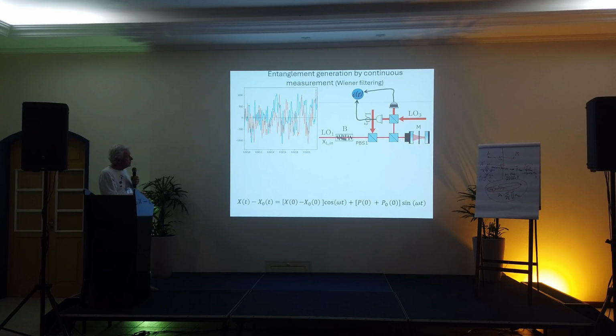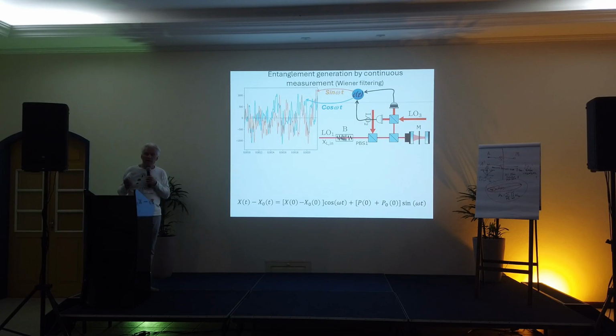So we take this photocurrent and we separate the sine omega t and cosine omega t. We can do it radio electronically. And again, if you remember my story about atomic systems, then you may remember that in the rotating frame for the spins, sine omega t would give you the information about one quadrature, and cosine of another quadrature, same here.